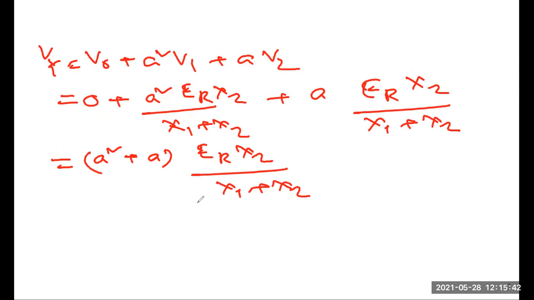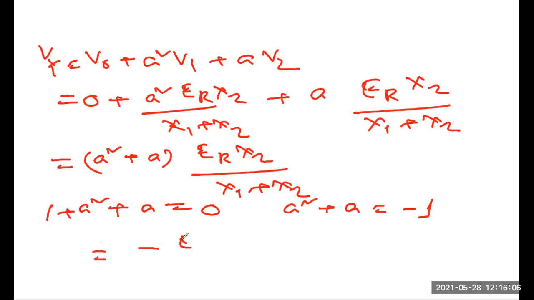Now we know one thing, A square plus A, this value is equal to how much? 1 plus A plus A square is 0, so A square plus A equal to minus 1. So this will be minus ERX2 by X1 plus X2. This is equal to your Vy.